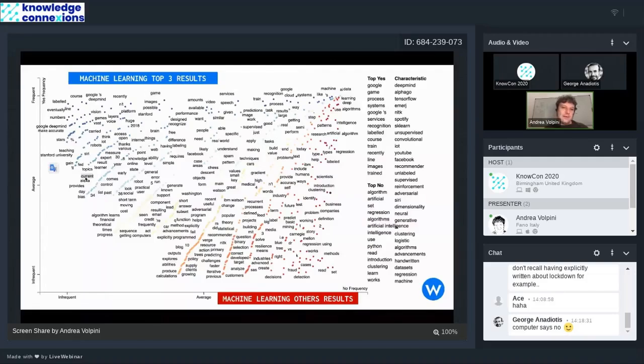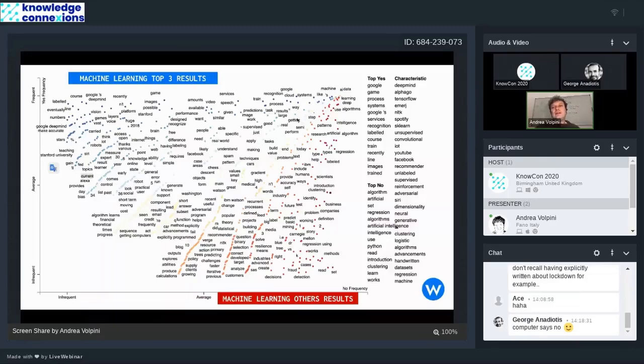We get all the entities from the corpus of the first three results, and then we take all the entities from the corpus of all the other results in the first page, from number 4 to number 10.